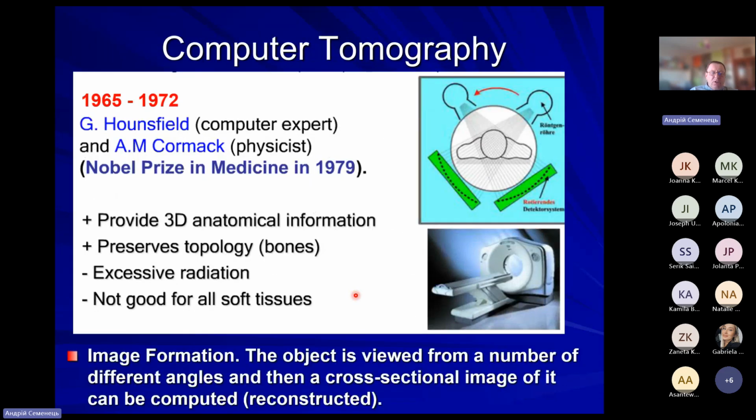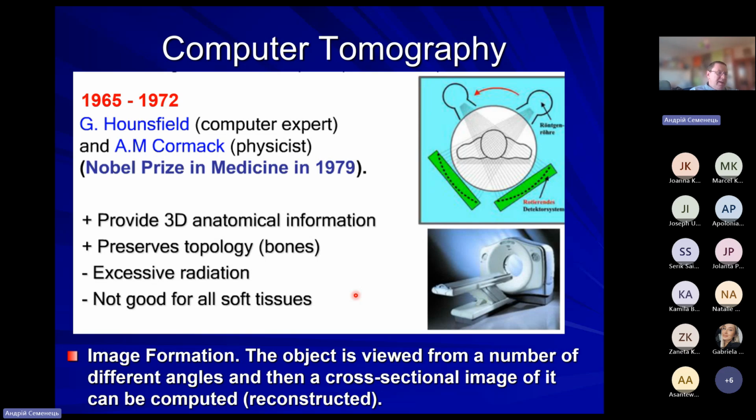So actually, those achievements were made by two scientists, a computer expert and a physicist. They worked on this for about 7 years and won the Nobel Prize for this. Initially, of course, it was only about generating a number of two-dimensional cross-section images.